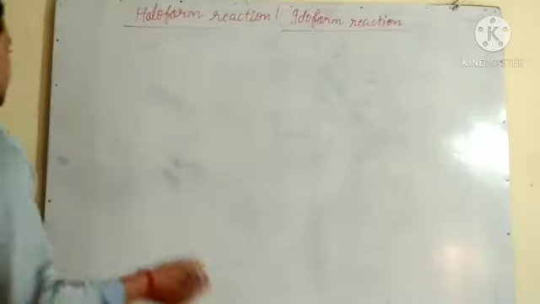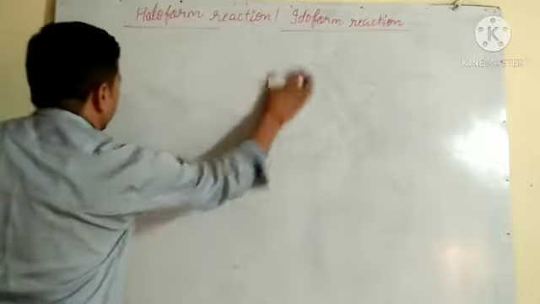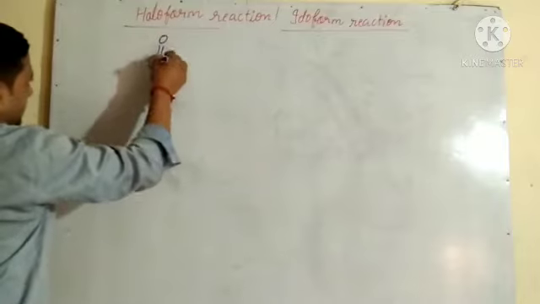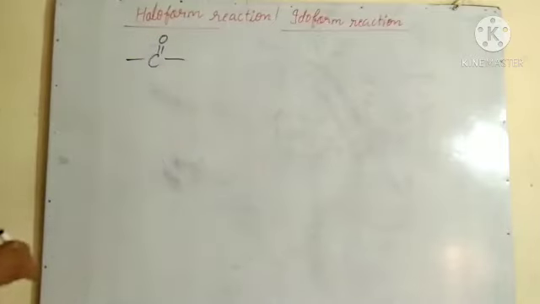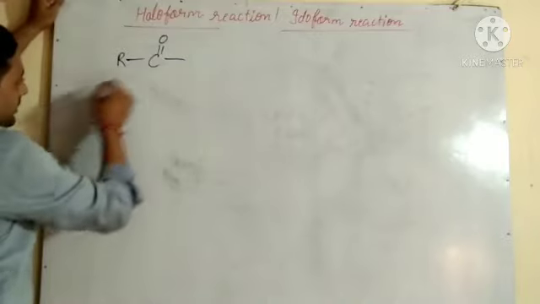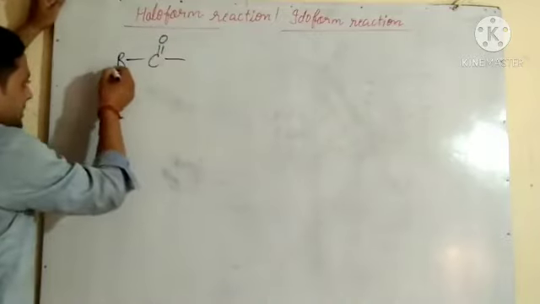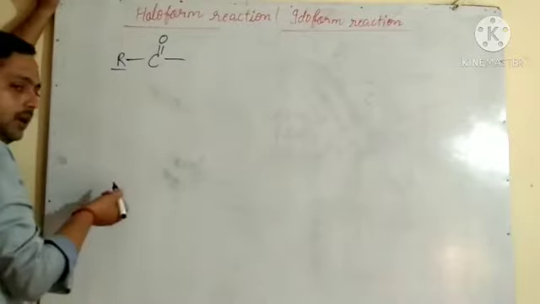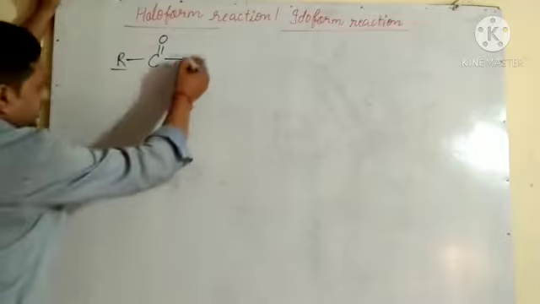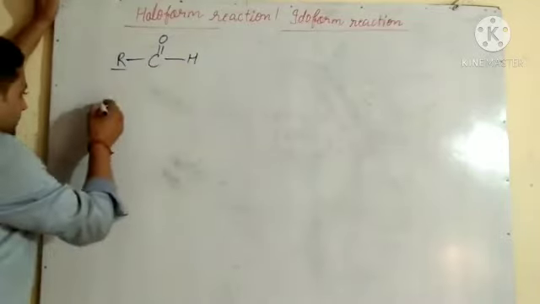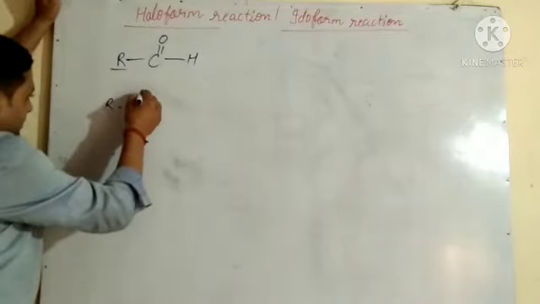This haloform reaction is mostly shown by the carbonyl compound, but a special type of carbonyl compound. Carbonyl compound in which the carbonyl carbon is linked to an alkyl group, that may be methyl, ethyl, propyl, butyl, etc. So we can write like this here.